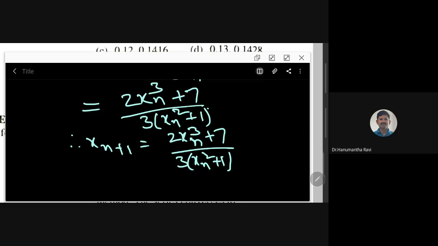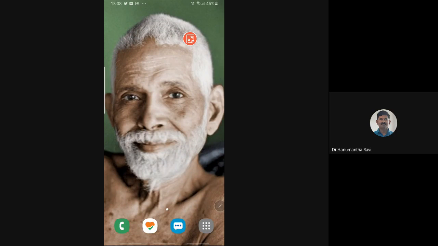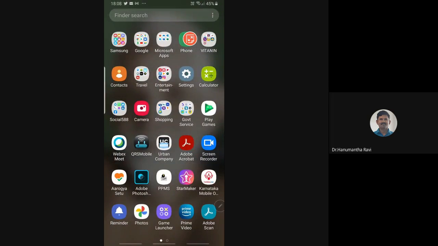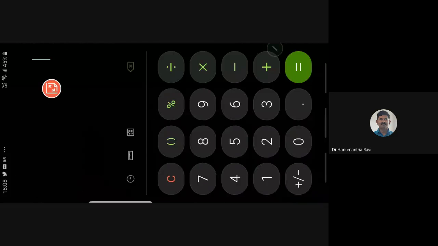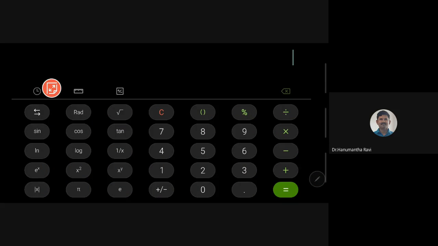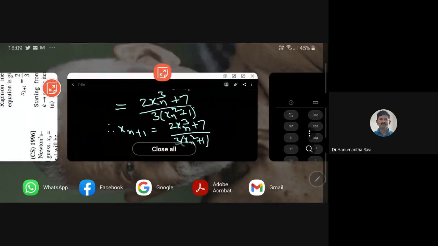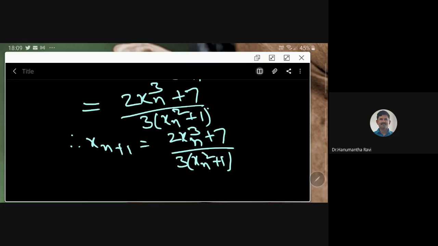Now we need a calculator here. What is given?